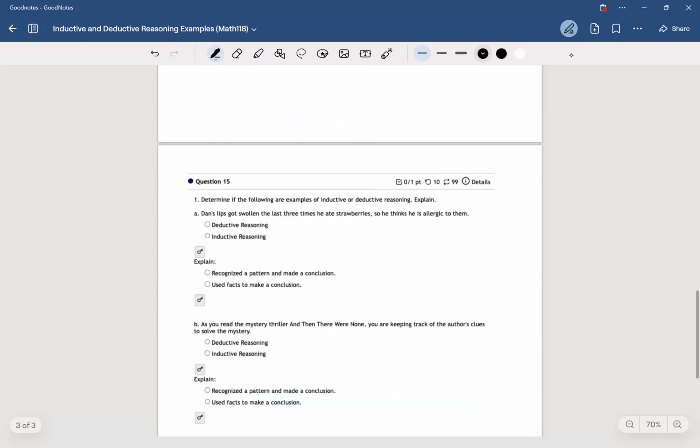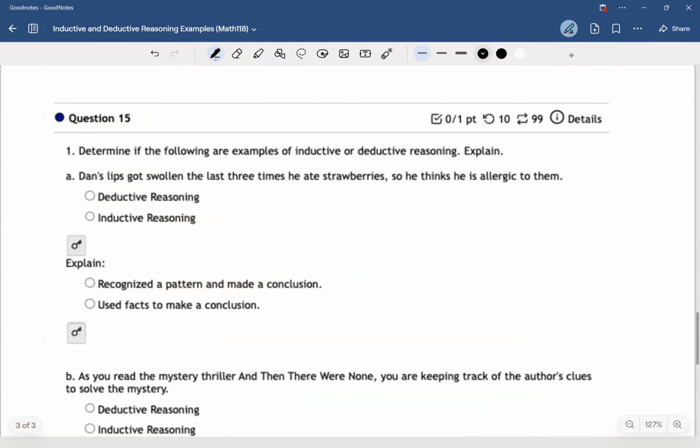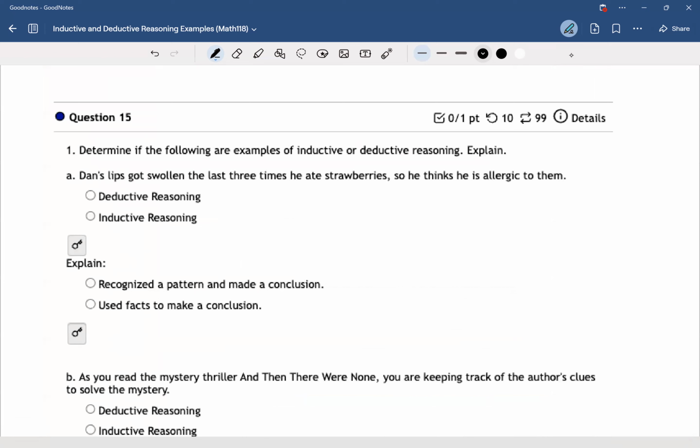Okay. All right. Example number 15. It says determine if the following examples are inductive or deductive reasoning, and then we want to explain.